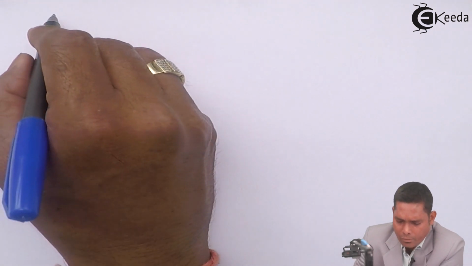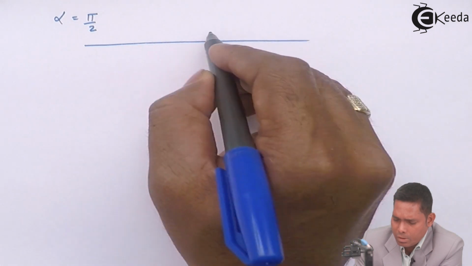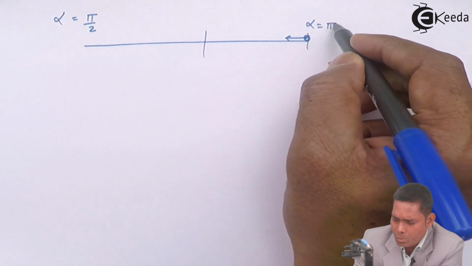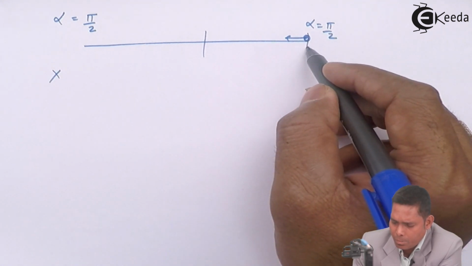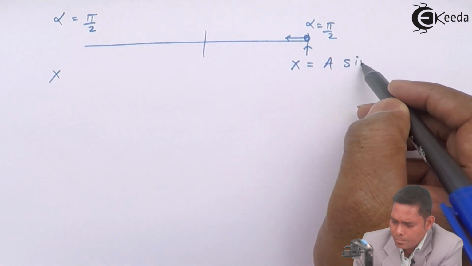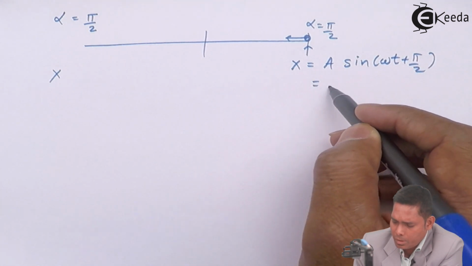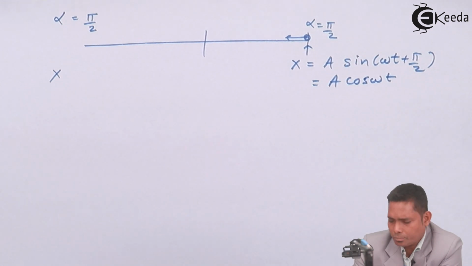So x is equal to a sine of omega t plus pi by 2, which is a cos omega t.